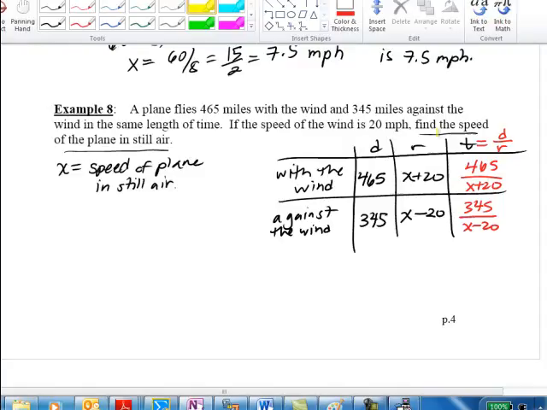And again, they told us that it was the same length of time, so that's going to generate our equation. Set the times equal to each other. So 465 over x plus 20 is 345 over x minus 20. Multiply both sides by the LCD, which would be x plus 20 times x minus 20.